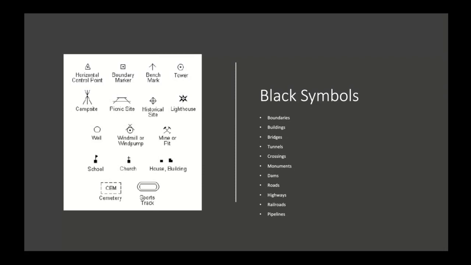You'll see dashed lines depicting different boundaries, buildings, campsites, picnic sites, schools, houses, bridges, tunnels, crossings, monuments, dams, roads, highways, railroads, and pipelines. So mostly man-made structures or boundaries are depicted in black using different symbols, such as a tent symbol for a campsite, dashed lines for boundaries, and things like that.